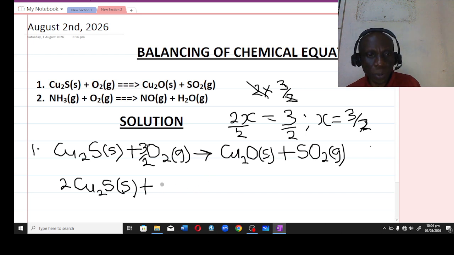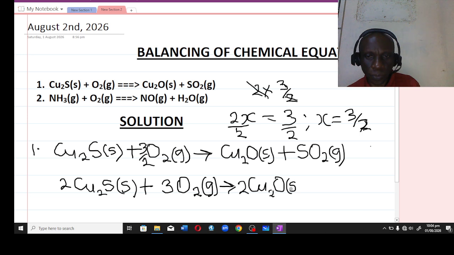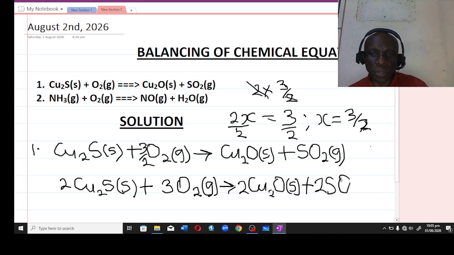So here we are going to have 3 moles of oxygen gas. On the product side, we multiply everything by 2. So there we are. That's beautifully done. And also we multiply sulfur 4 oxide; it will now become 2 moles of sulfur 4 oxide.